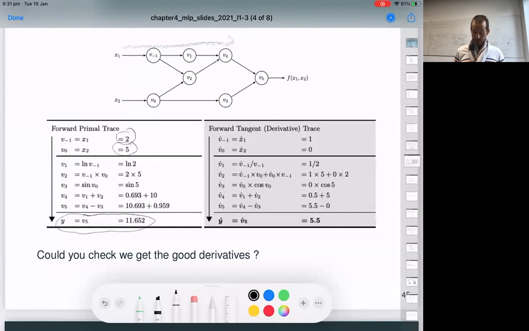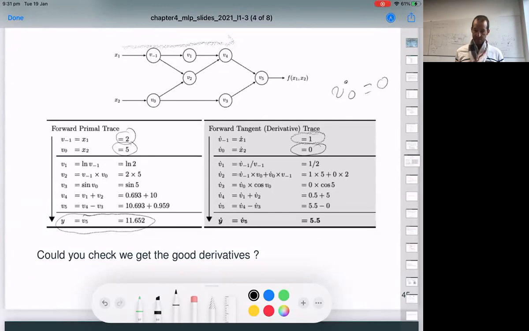And now you do the forward tangent, so the derivative. We say that x1 dot is equal to 1. Do you agree that v0 dot is equal to 0? Agree or not?